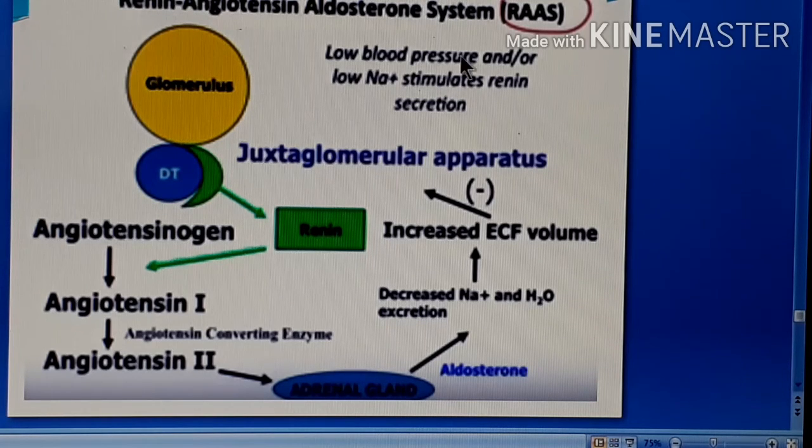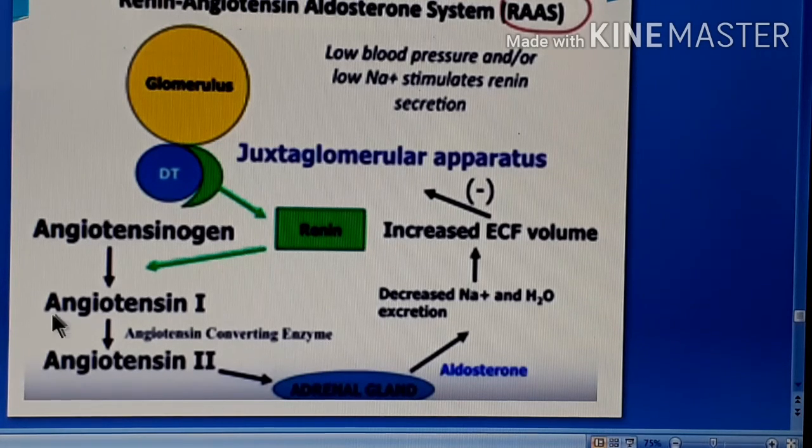When there is low blood pressure and low sodium in the blood, it causes the release of renin in the kidney. And what does renin cause? Renin causes the conversion of angiotensinogen into angiotensin 1, and this angiotensin 1 is converted into angiotensin 2, which is a powerful vasoconstrictor. An enzyme is involved here, which is angiotensin converting enzyme.